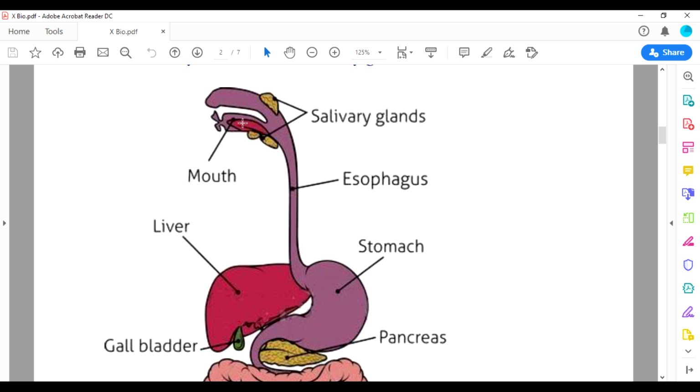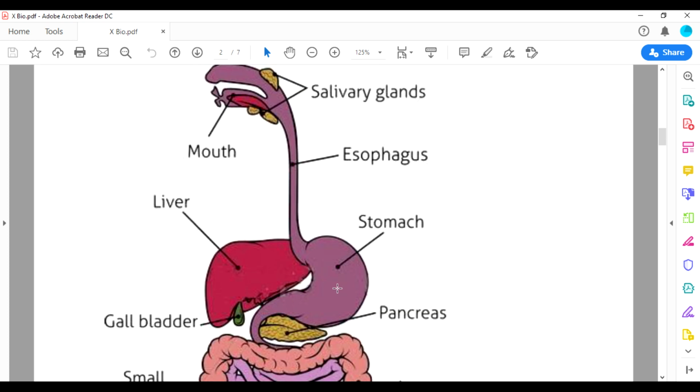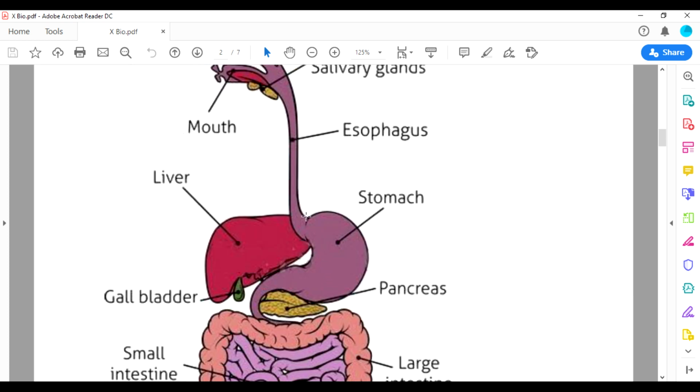The mouth opens in the buccal cavity, which is also called the oral cavity, and the oral cavity extends to the throat, that is the pharynx. The pharynx opens into a long muscular tube, the esophagus, and the esophagus opens in a sac-like structure called the stomach.